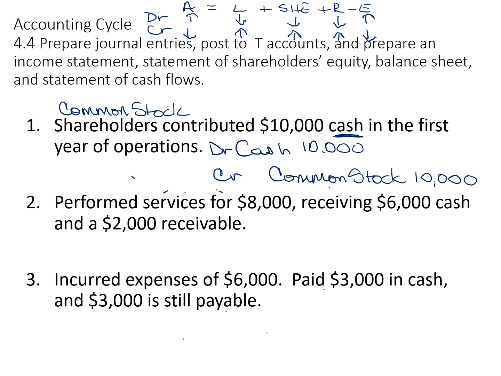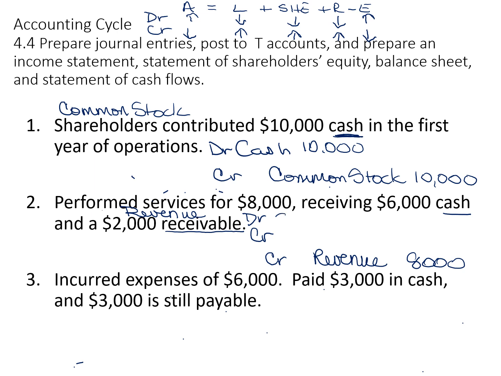Performed services for $8,000, so that's revenue. Okay, so that's going to be a revenue account. And we received cash and a receivable. Revenue is increasing, so that means I'm going to have to credit revenue for $8,000. Notice that always goes second. And it looks like I have two debits.